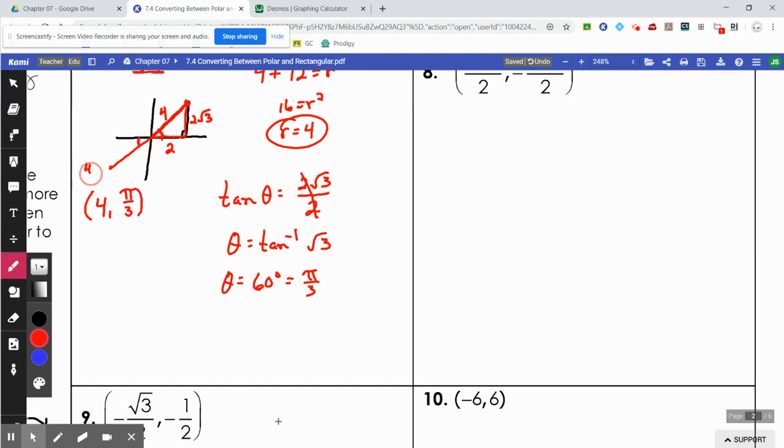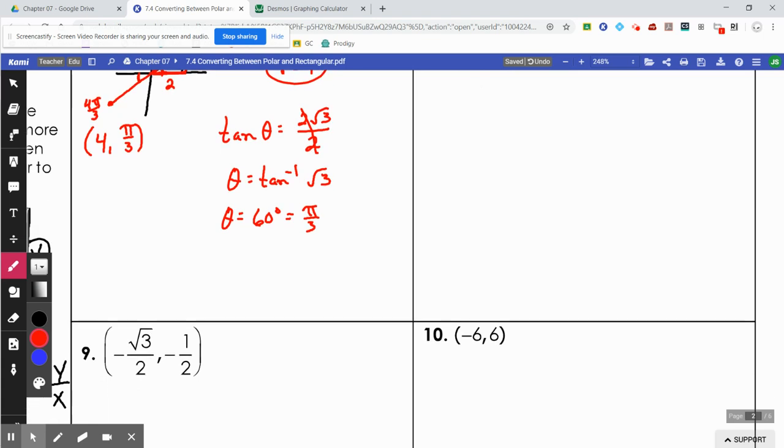It's going to be 4 pi over 3, which would be 240 degrees. However, if we went out 4 and rotated 240, we actually end up down here. So instead of going out 4 and rotating all the way around to here, what if we went out a negative 4 and rotated?